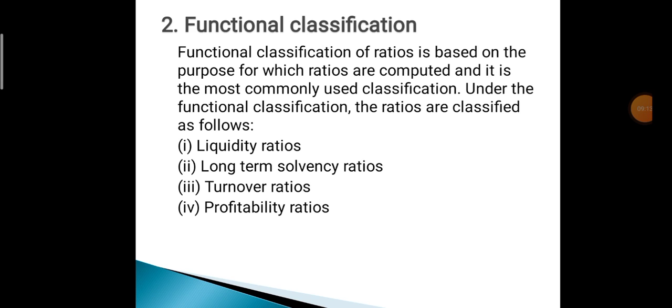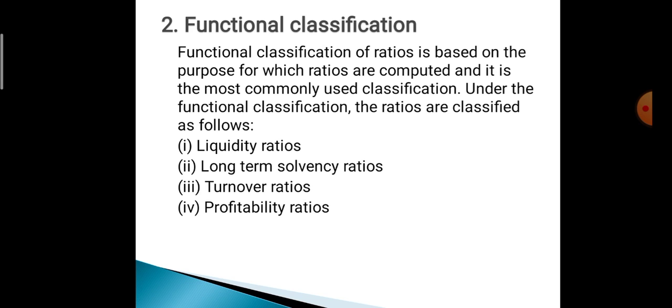That is, ratios are classified into liquidity or short-term liquidity or short-term solvency ratios, leverage, capital structure or long-term solvency ratios, turnover, activity or performance ratios, and profitability ratios. Liquidity ratios test the liquidity of the business.